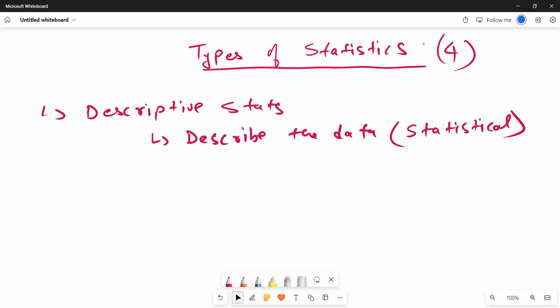When it comes to statistical terms, it's nothing but a basic description of the data, like the statistics you'll have when you go through descriptive statistics.